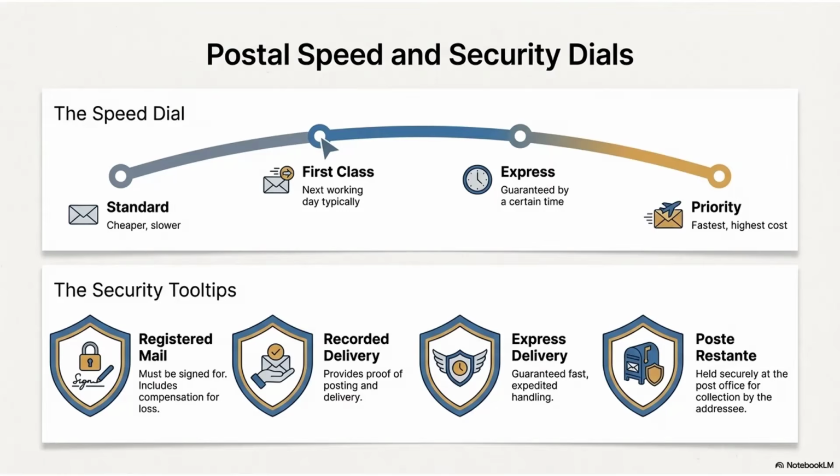Express delivery is fast delivery. They try to speed up the delivery as much as possible. And poste restante is when it's held securely at the post office for whoever to come and collect it. Instead of sending it to them, it will be held in trust at the post office and the person it's for will come and collect the mail.